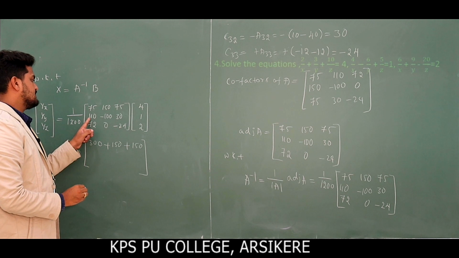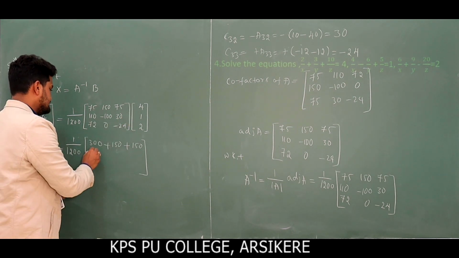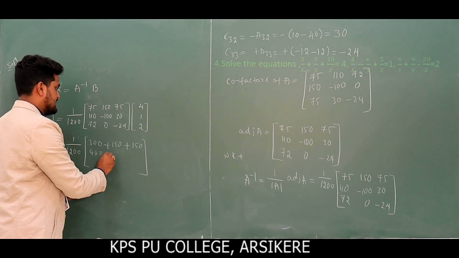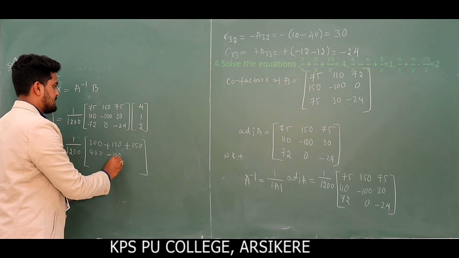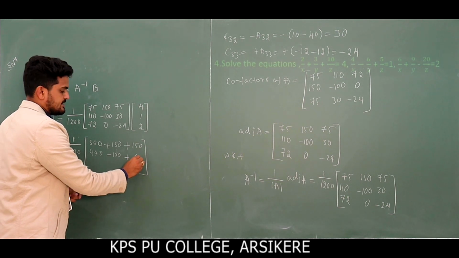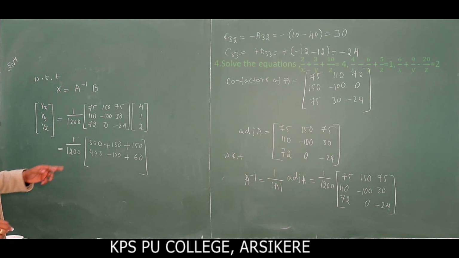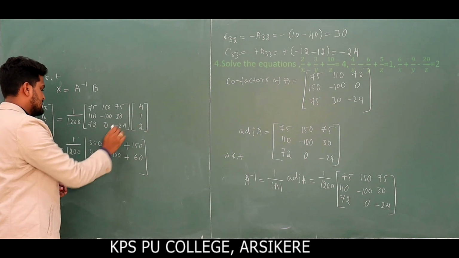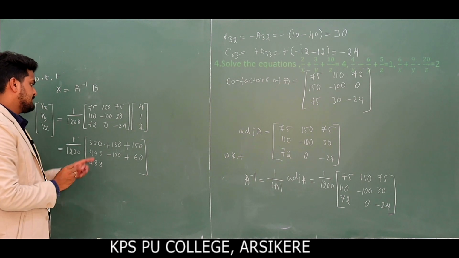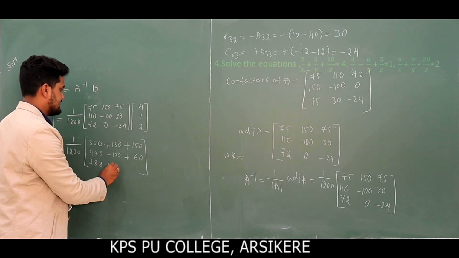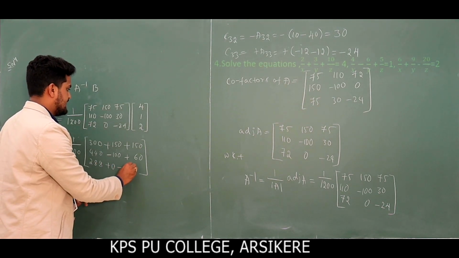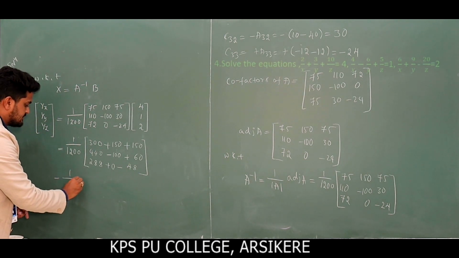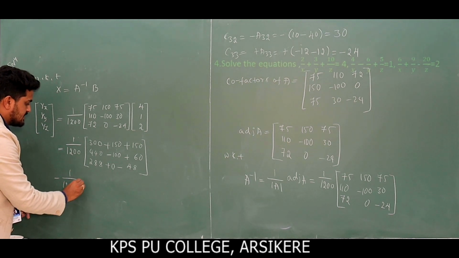Next 110 into 4 is 440. Minus 100 plus 60. Next 72 into 4: 7 4s are 28, 288, plus 0 minus 48.